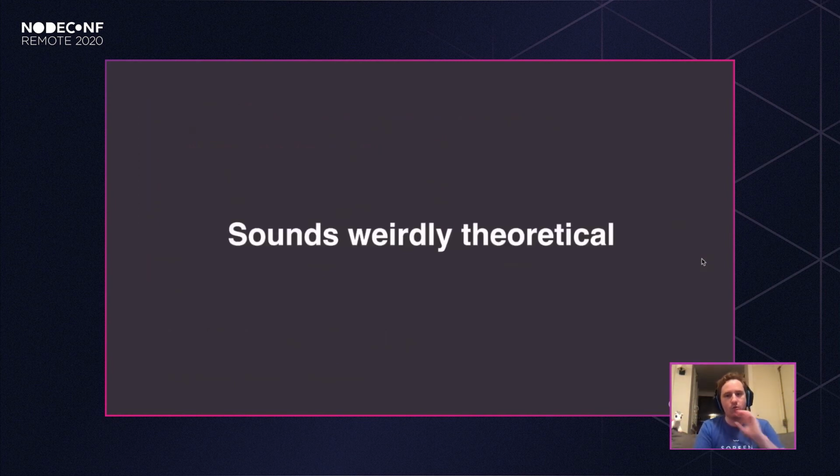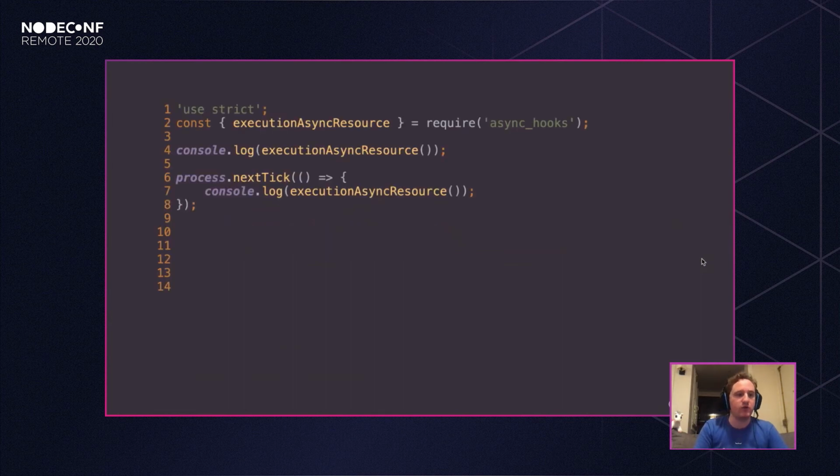Okay, that's weirdly theoretical, so let's go with a real example. Hopefully there is a great API in Node.js that has been built by amazing people: executionAsyncResource. For each of these resources, we can actually get an object that represents the resource. On line 4, we console.log the current execution async resource.